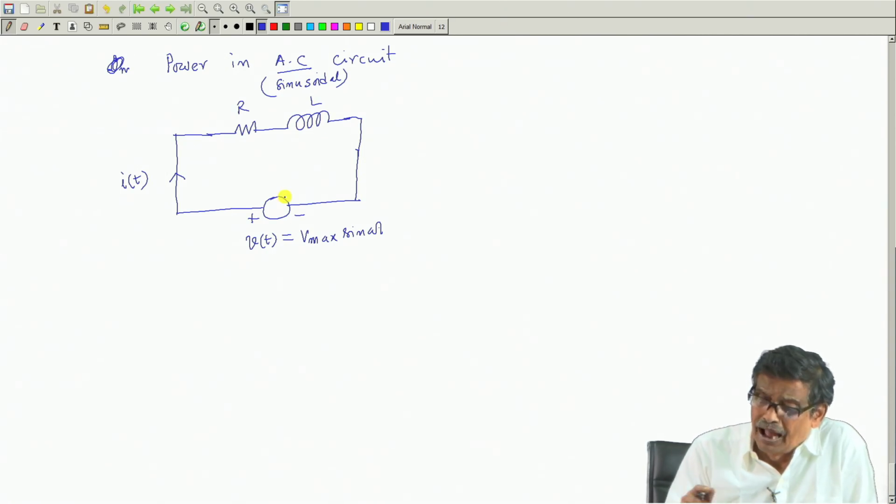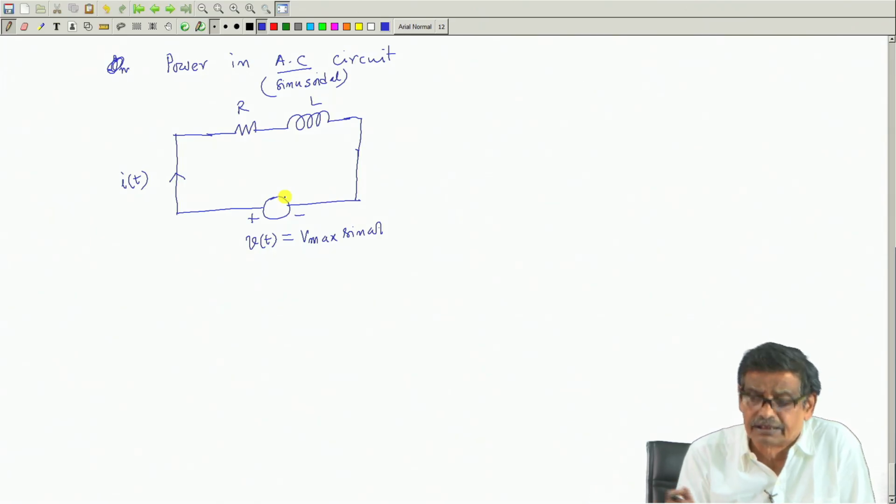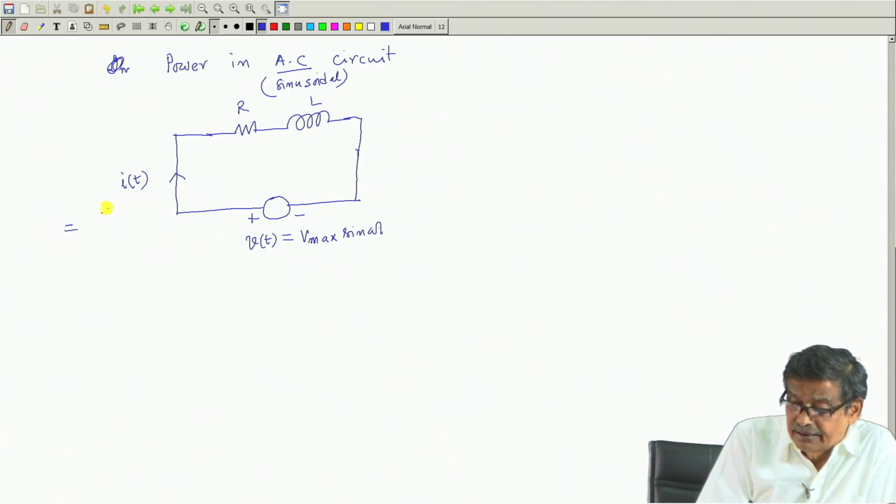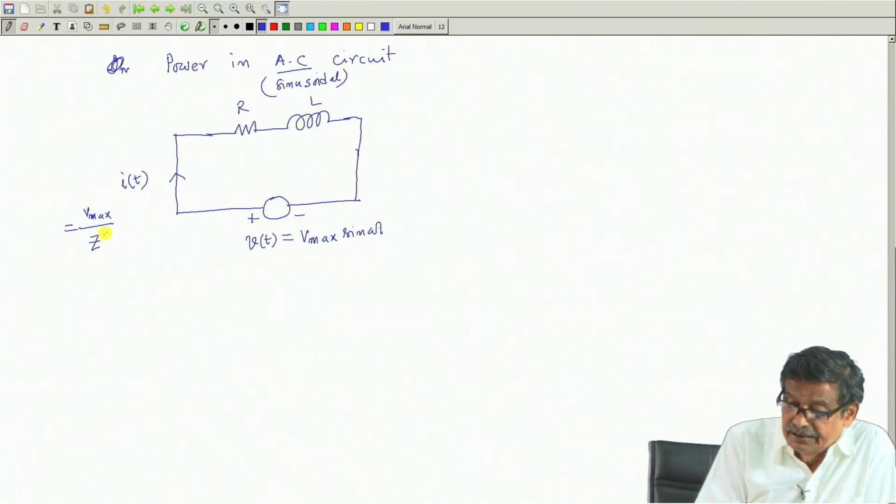So, I will go to the complex plane, solve for the current phasor, then come back to i(t), and this current will be Vmax, we know that, divided by Z into sin(omega t minus theta).